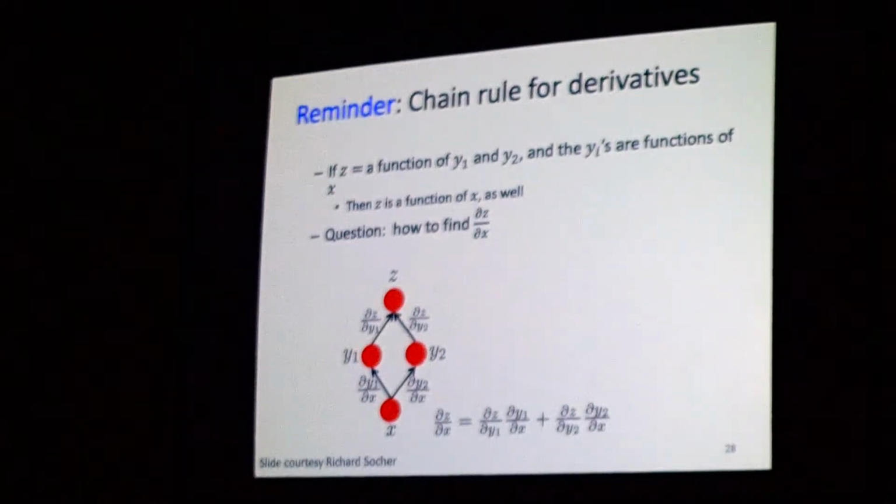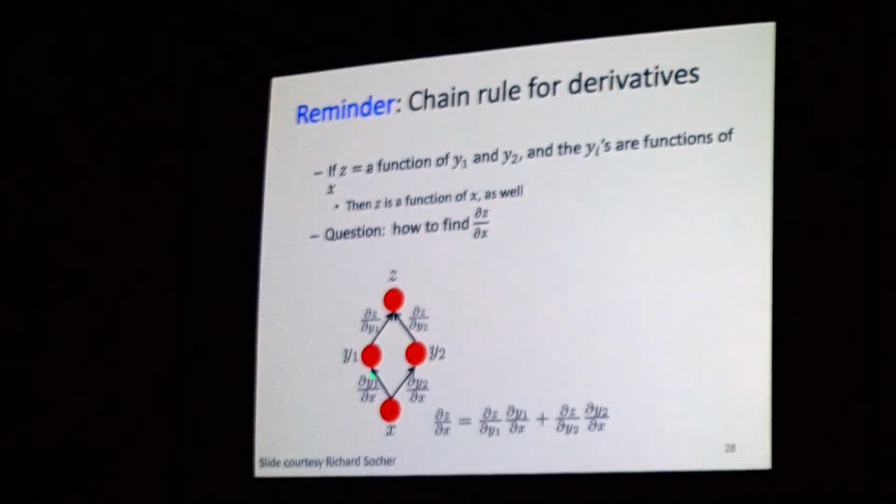Again, on each edge, we attach the partial derivative of the ending node over the partial derivative of the front node. So here: partial z over partial y1, partial z over partial y2, partial y1 over partial x, partial y2 over partial x. Now, if we want to compute partial z over partial x, following the graph structure, we just need to enumerate all paths from x to z.